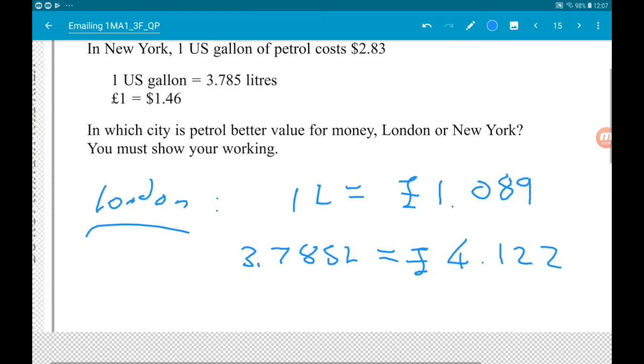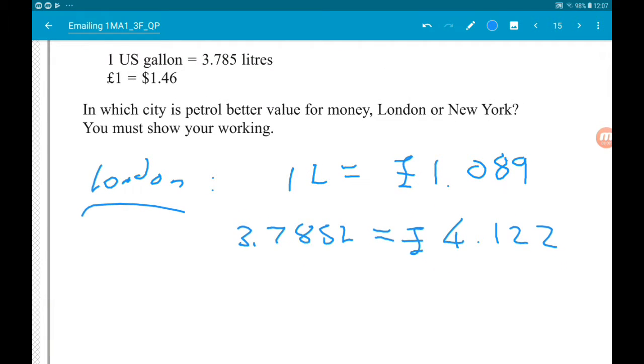So that then tells us that 1 US gallon costs 4.122 pounds, or 412.2p.